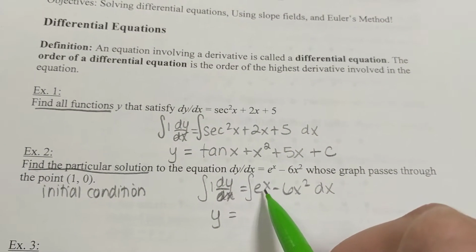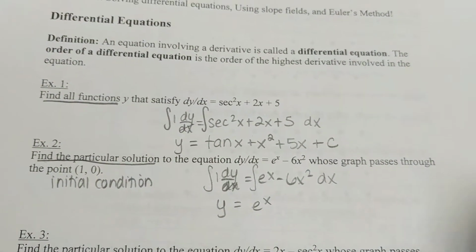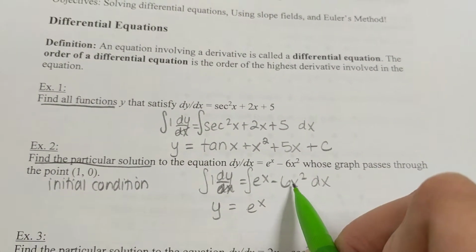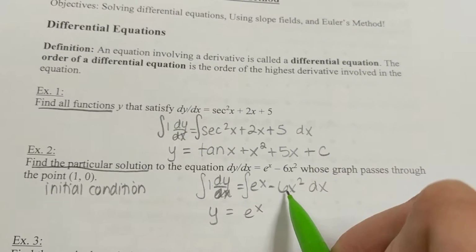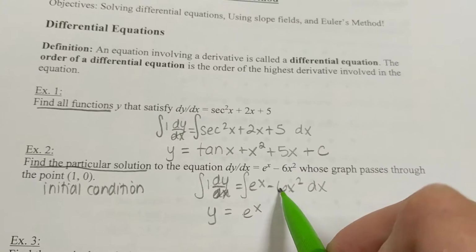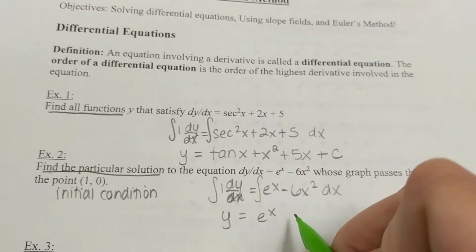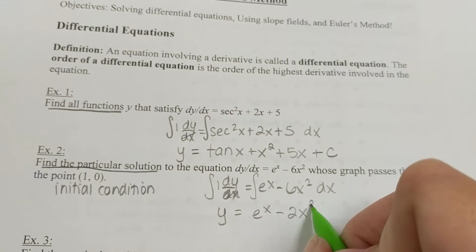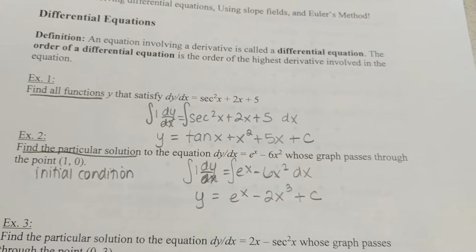The antiderivative of e to the x is e to the x. The antiderivative of negative 6x squared, I have to bring the power up and divide by the power. So 6x cubed divided by 3, so minus 2x cubed plus a constant.